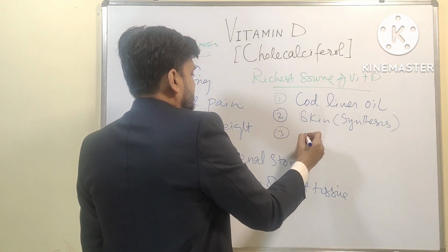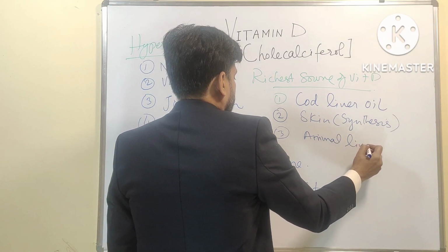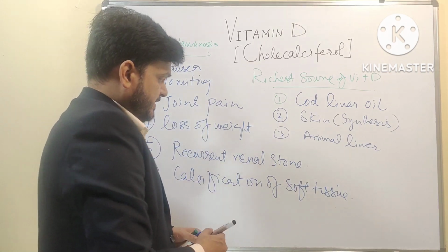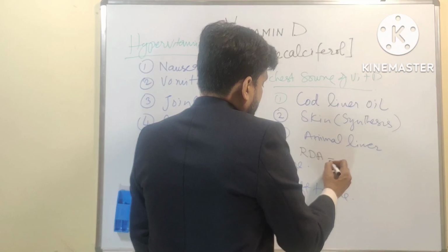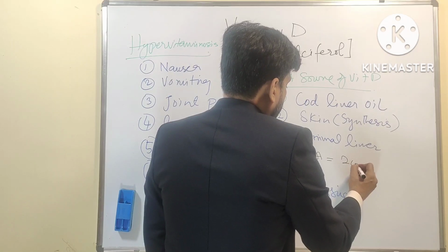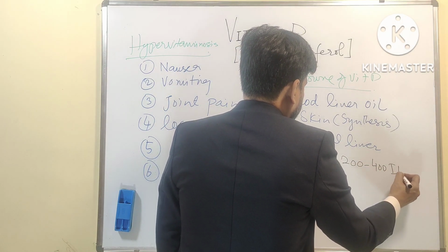It can also be found in animal livers. And what is the RDA of vitamin D? It is 200 to 400 international units.